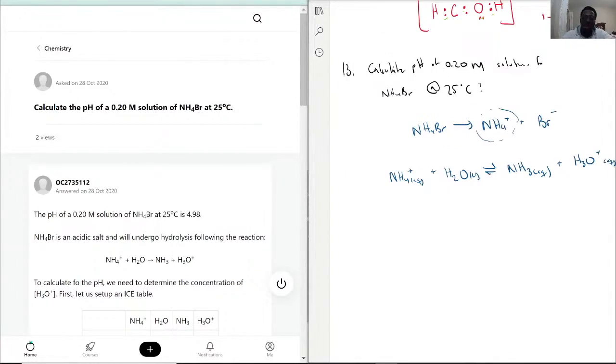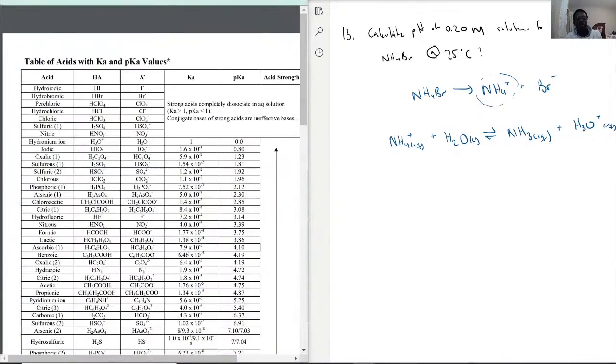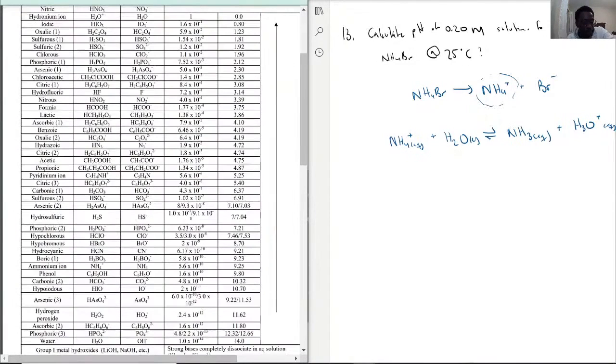Now we have that formula. We need to know exactly the K value of ammonium, NH4. So NH4 is all the way down here. Ammonium ions, 5.6 times 10 to the negative 10. So Ka for ammonium is 5.6 times 10 to the negative 10.